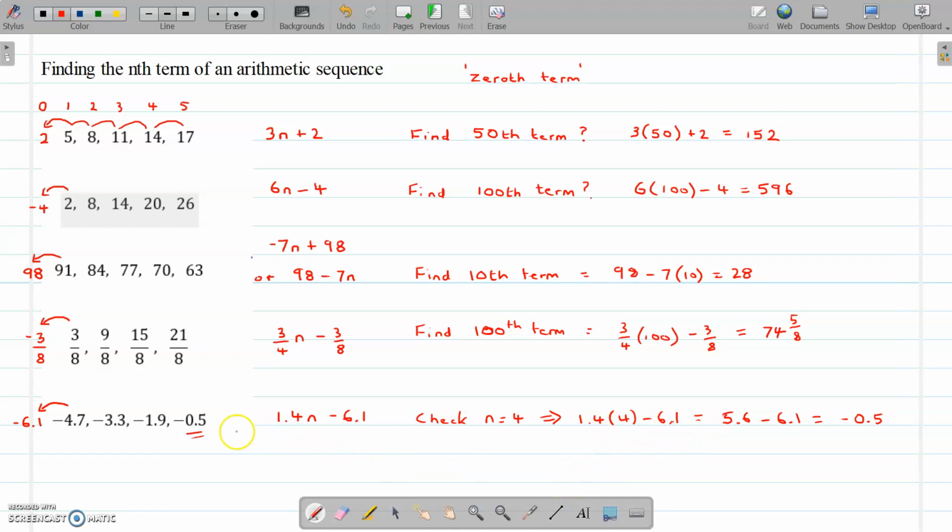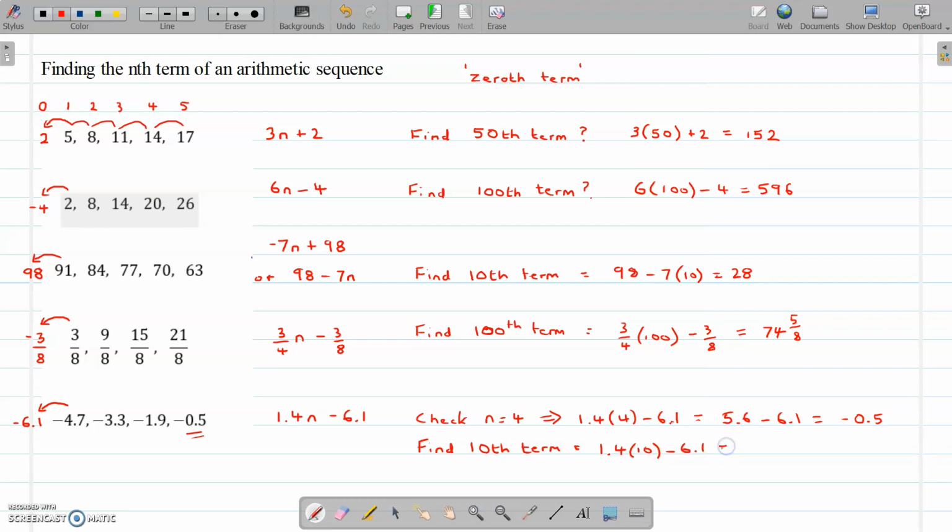And if you wanted to find, let's say, the 10th term of this one, well, the 10th term would be equal to 1.4 times 10, minus 6.1.